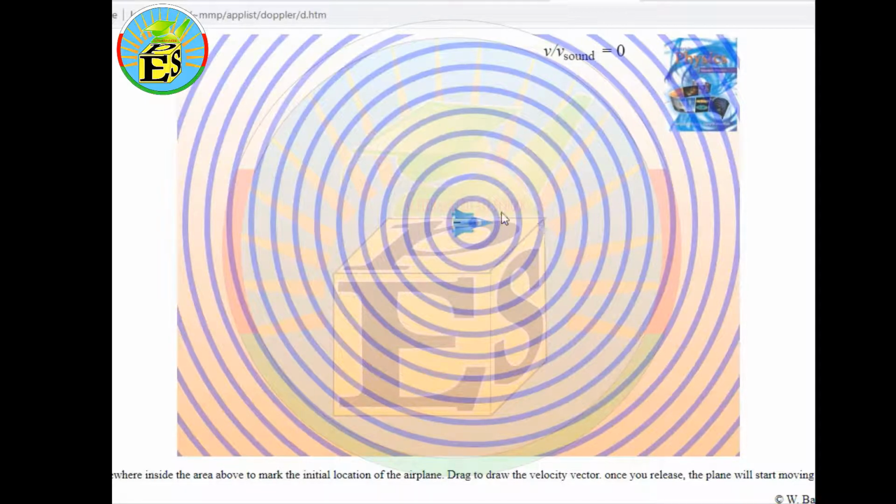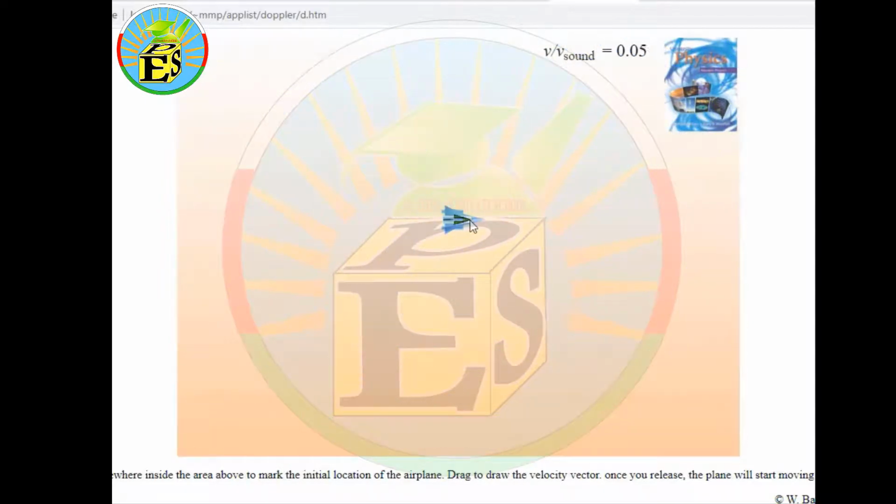Okay, I will start moving this object forward at about half the speed of the sound wave, like this. What happened?